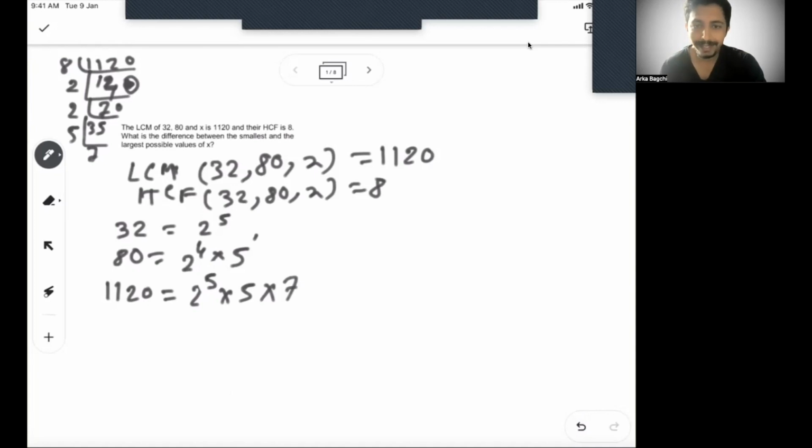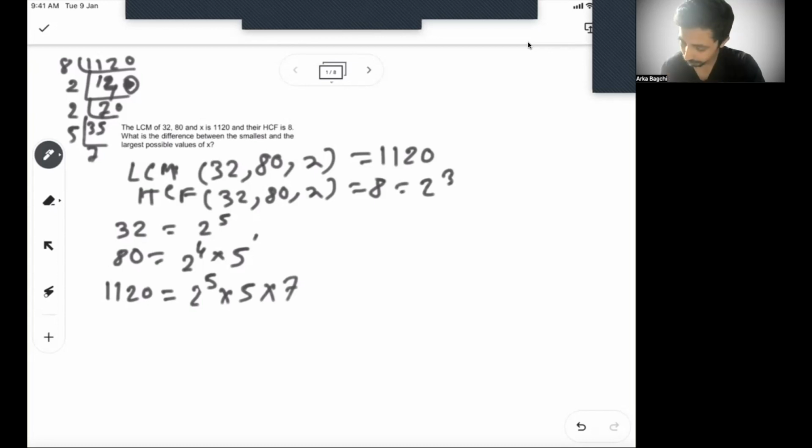Now the HCF is 8, which means 2 cube. HCF takes the lowest power of each common factor present in all the numbers.